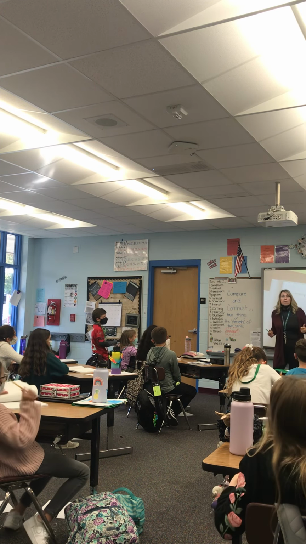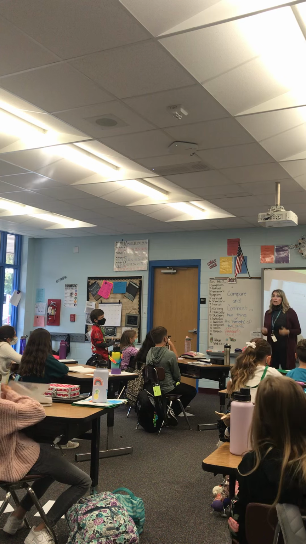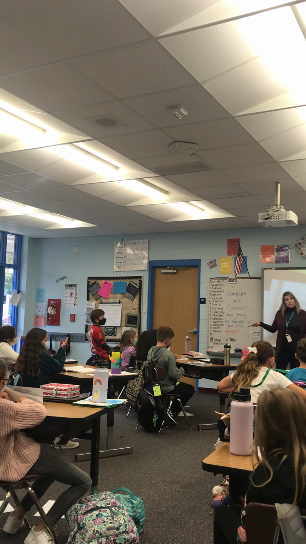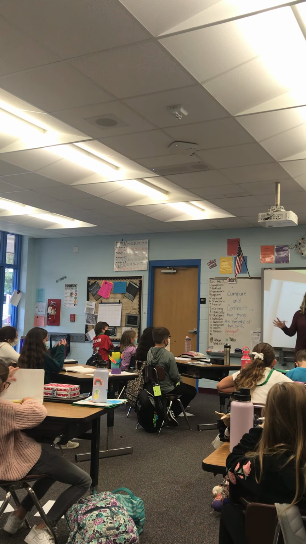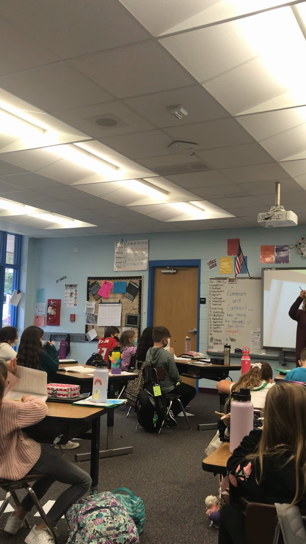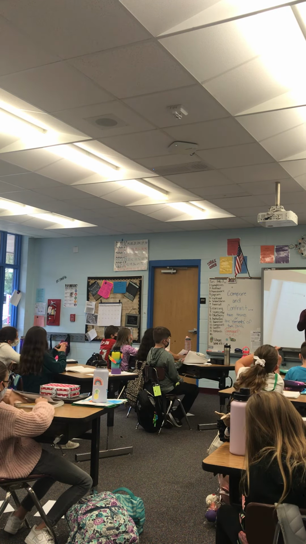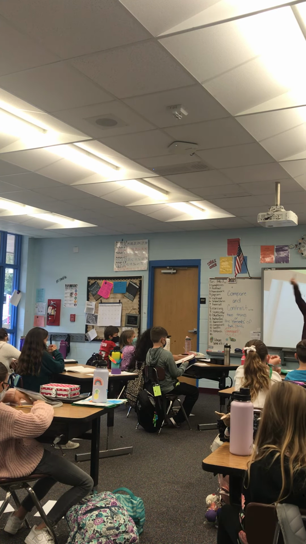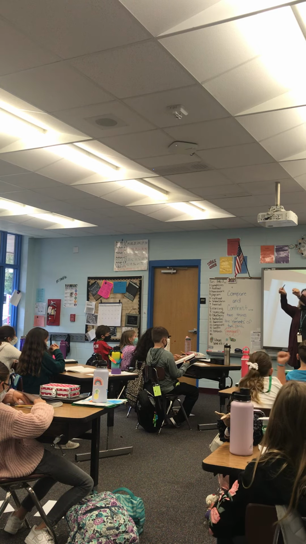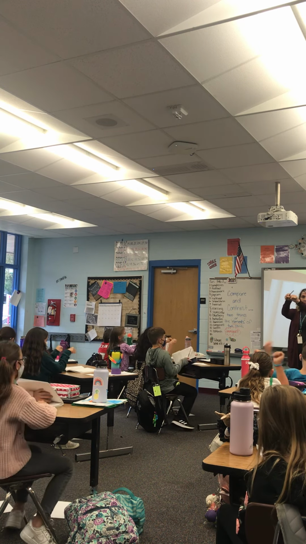We have to look at all the parts of two different stories and tell how they are alike, similar, or the same. And we talk about how they are, show me, different.